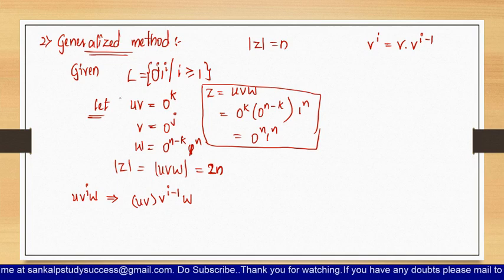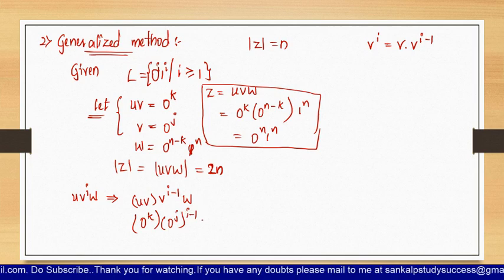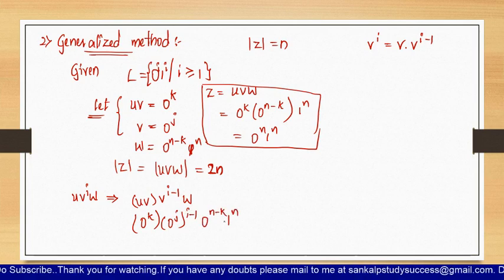Now let us substitute the values which we have considered, where uv is equal to 0 to the power k and v is nothing but 0 power j, whole to the power of i minus 1, because we have considered v power i minus 1, and here w is 0 power n minus k into 1 power n.